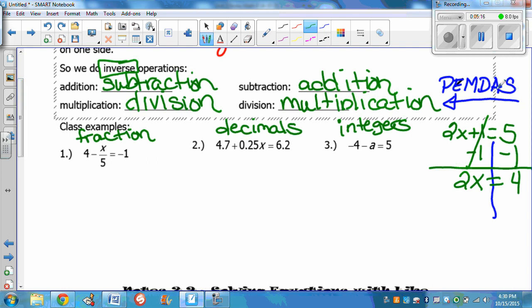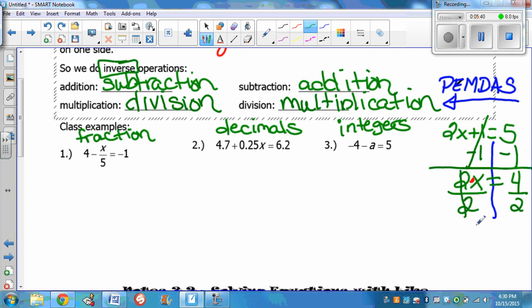Now I go back and keep examining that reverse order of my order of operations. I took care of any addition or subtraction. Now I look and see, is there any multiplication or division? We see that there is multiplication there. It's 2 times x. So how do I undo multiplying by 2? I've got to do the inverse of multiplying by 2, so I have to divide by 2 on both sides. Now what's 2 divided by 2?